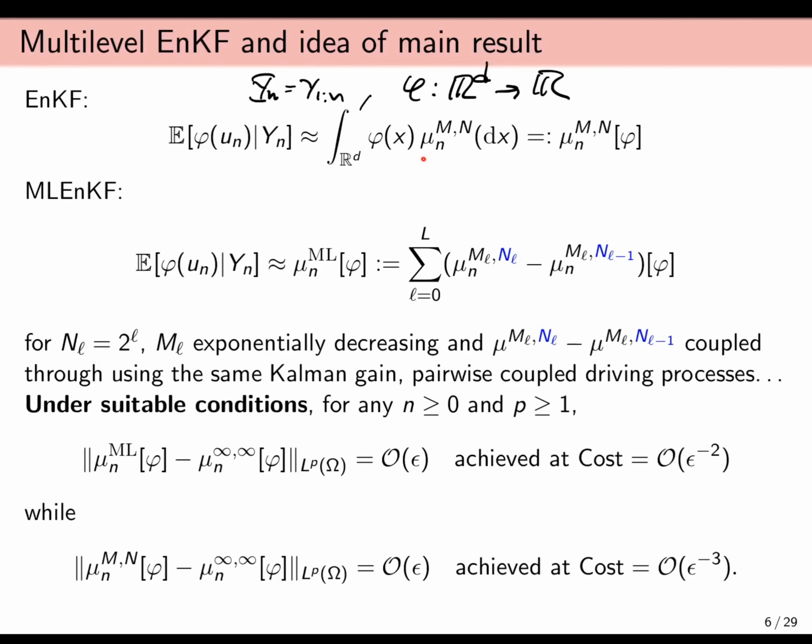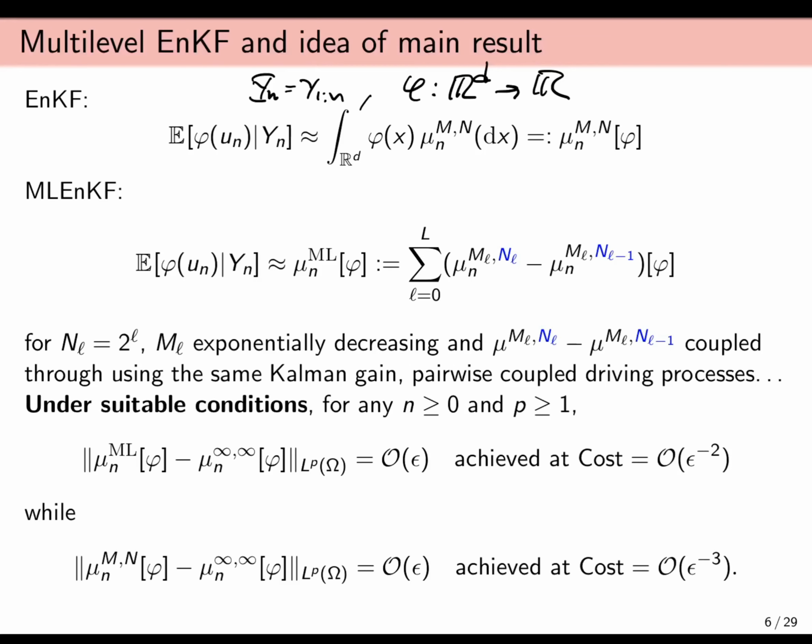When I have the EnKF estimator, I can of course use that to approximate this. This is the expectation with respect to the Bayes filter at time n. So I write this notation here: a functional relating to the EnKF measure applied to my quantity of interest function.